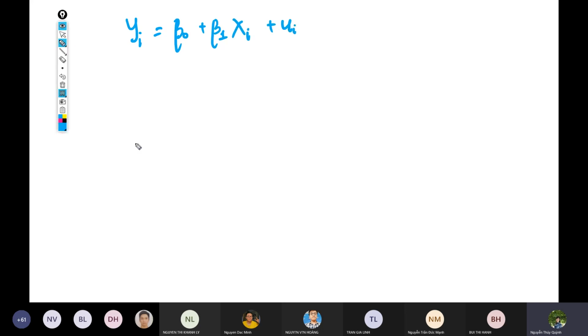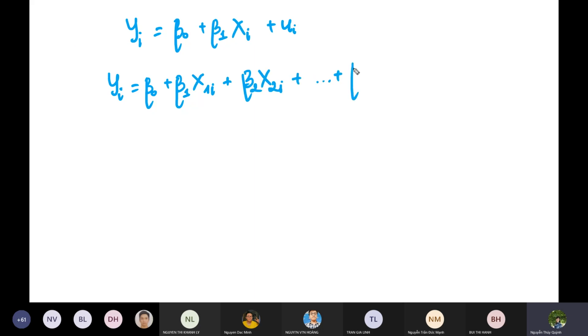We also talk about the k plus 1 variable regression model, where we have yi equal to beta 0 plus beta 1 times x1i plus beta 2 times x2i, and so on, up to beta k times xki, plus ui.